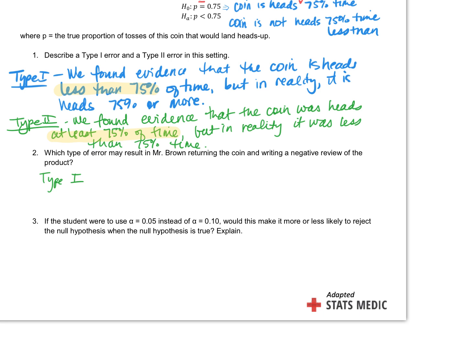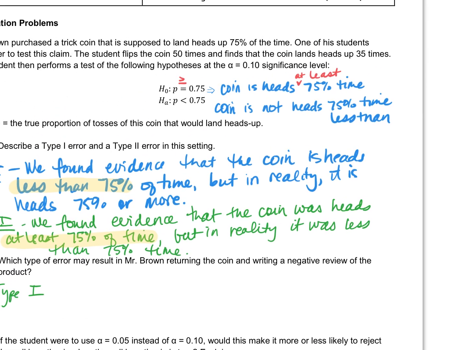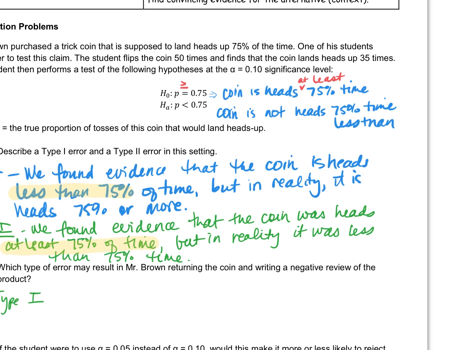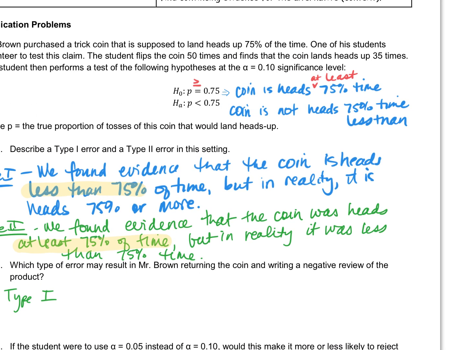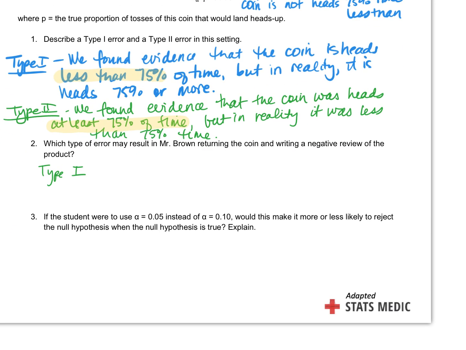So the chance of making that mistake that we just described is alpha. So originally in our question, it was a 10% chance of making that mistake, right? So it's saying, okay, what happens if I change my alpha to 5% instead of 10? Am I more or less likely to reject the null?